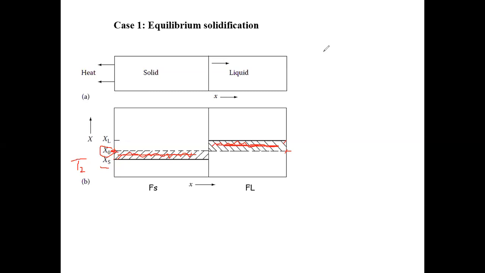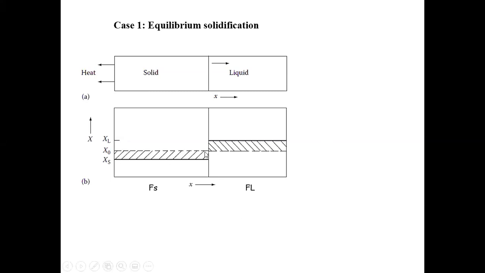What is the relation between their areas? Again, this is the solutes repelled by the solid, and this is the solutes received by the liquid, right? So what is the relation between those two if we assume that the solute is conserved? Together they have to add to 1.